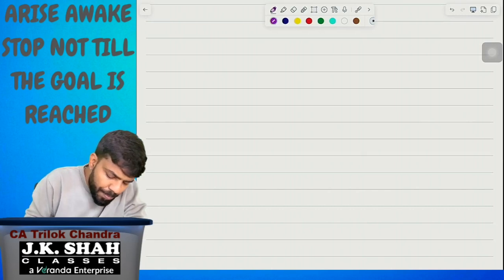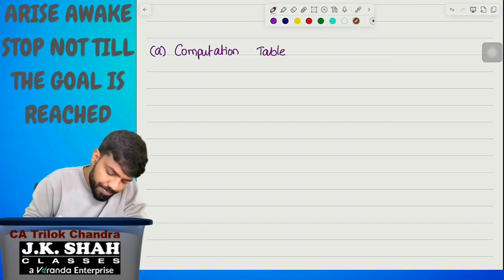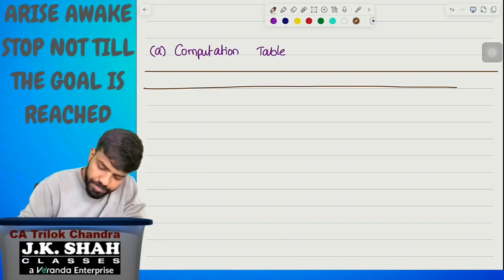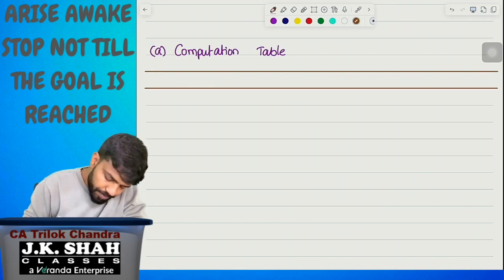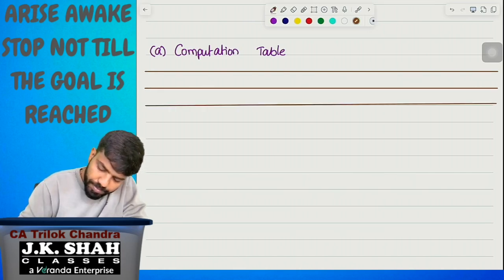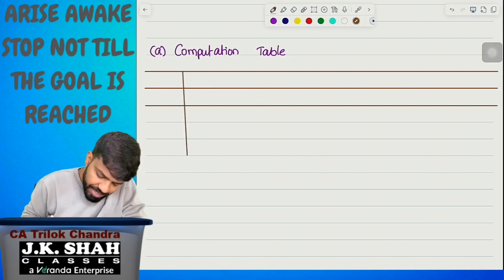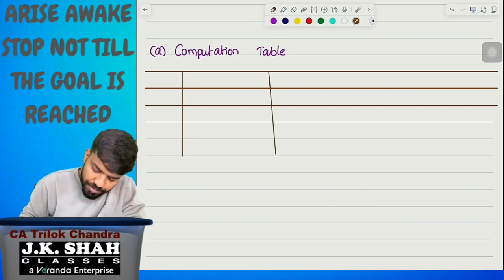First, we are going to have a computation table. I am drawing the format. First we'll write the name of the material. Then we'll have 4 columns.